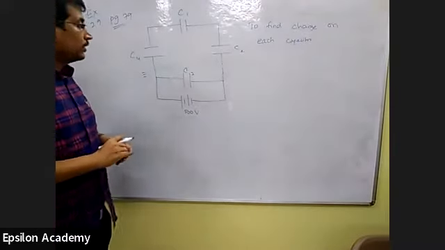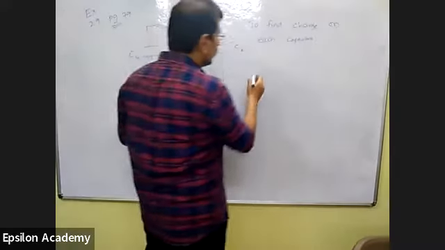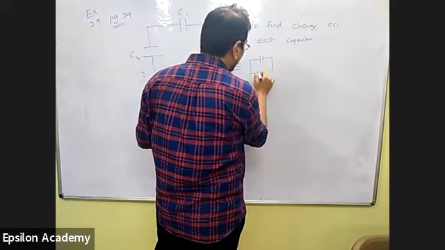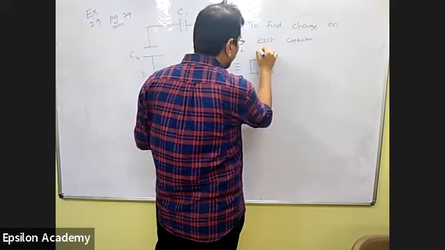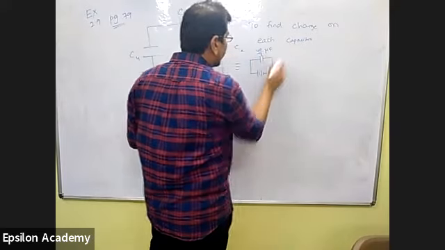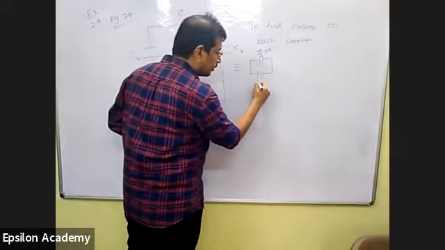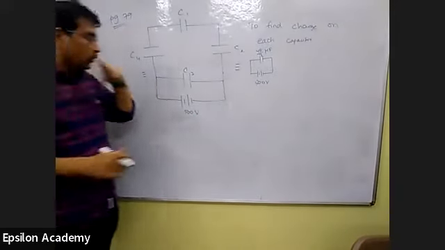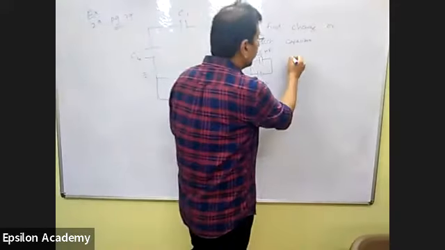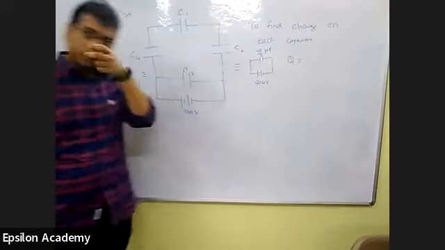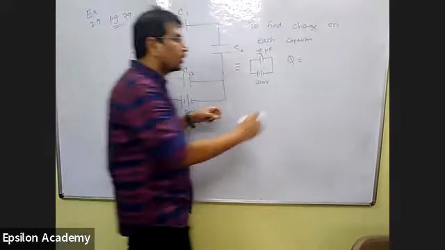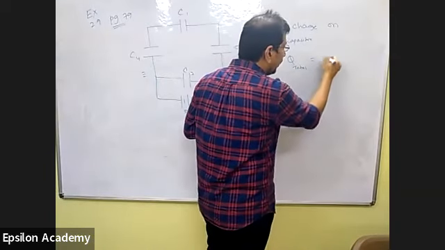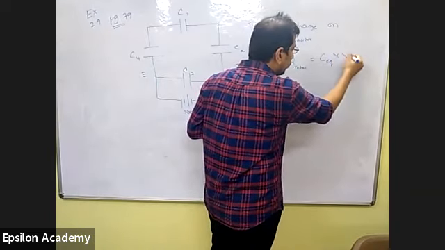First what we will do is we'll draw the equivalent circuit. So what is the equivalent circuit of this? This is going to be 40 by 3 microfarad connected across a 500 volt supply. Correct? Now, what is going to be the total charge supplied by the battery? So Q total is C equivalent into V.